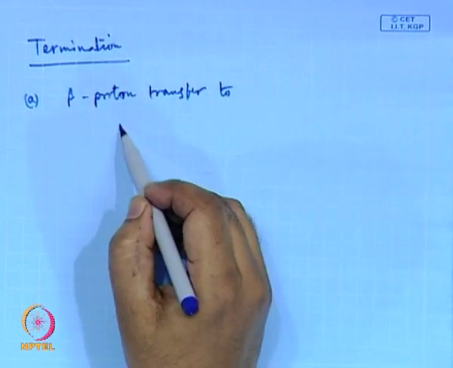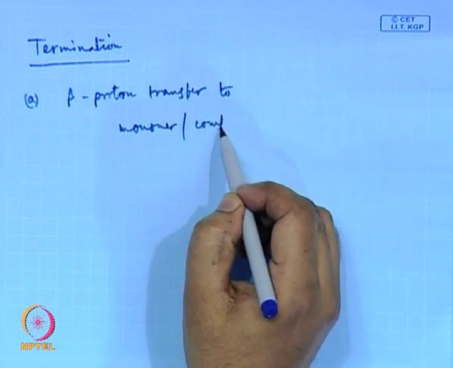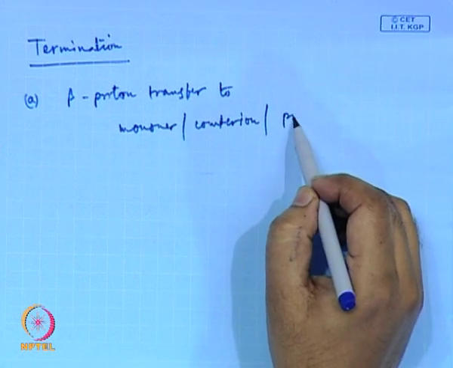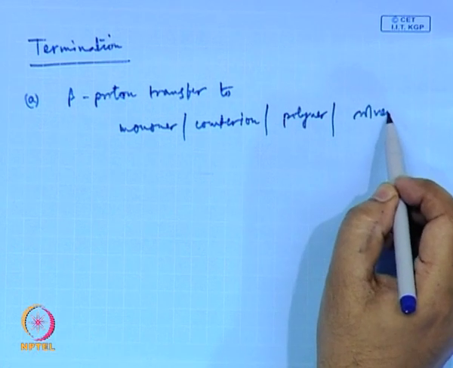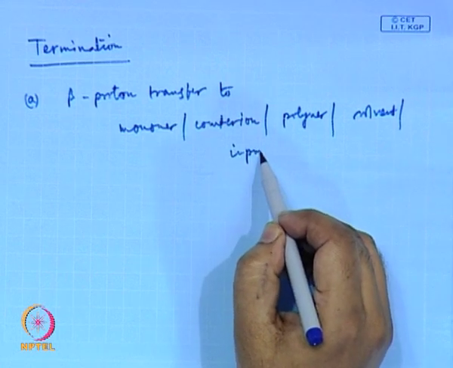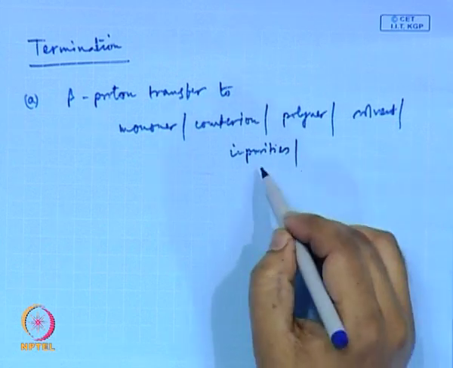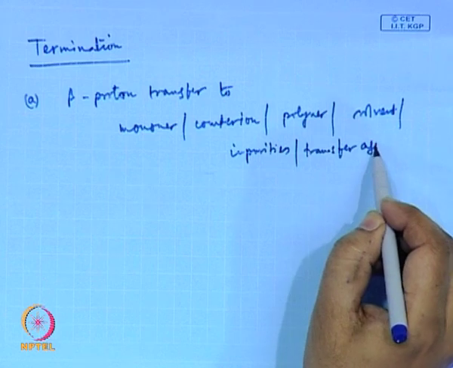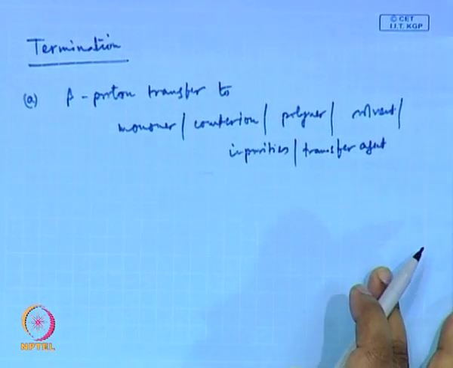to either monomer or counter ion or say polymer itself, solvent or some impurities which is present, or a transfer agent, like in the case of chain radical polymerization.